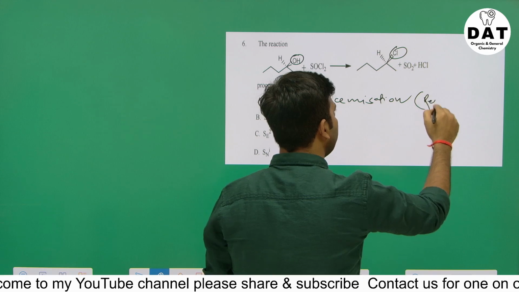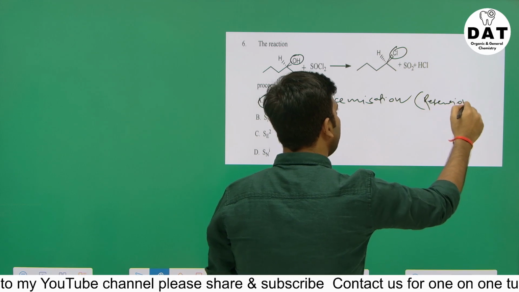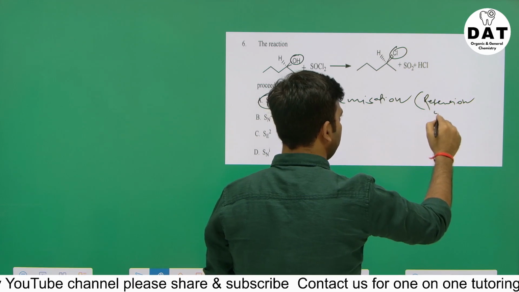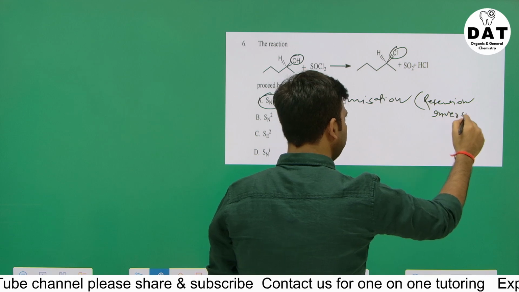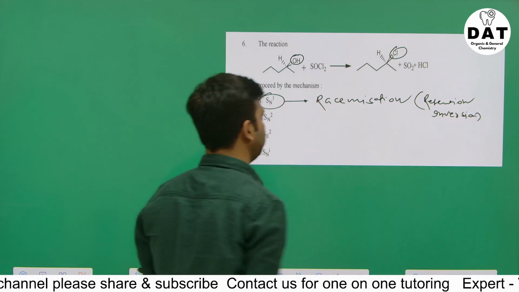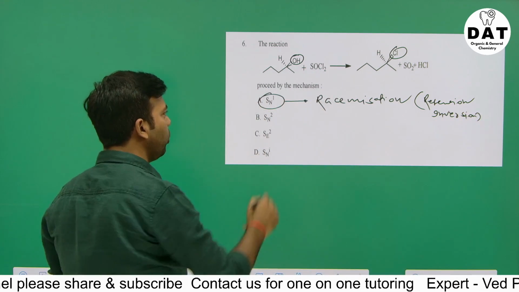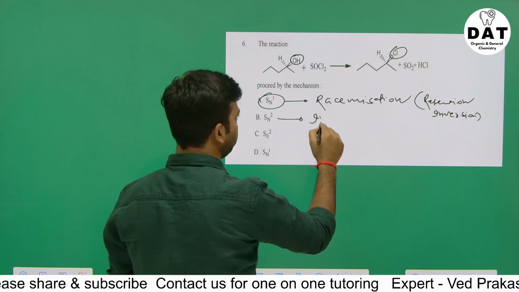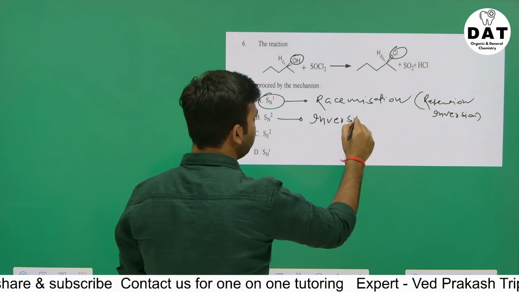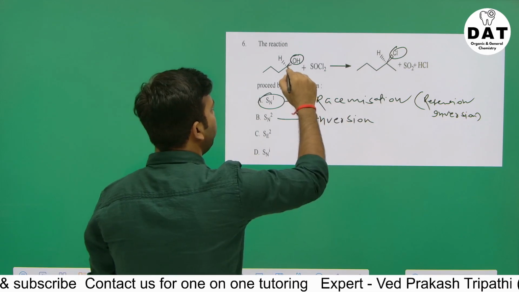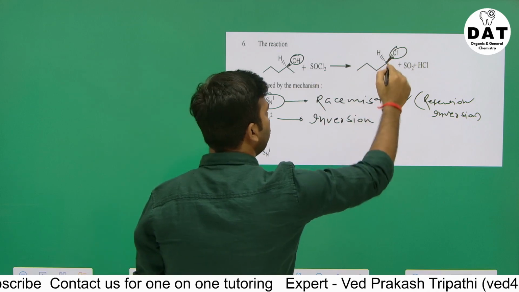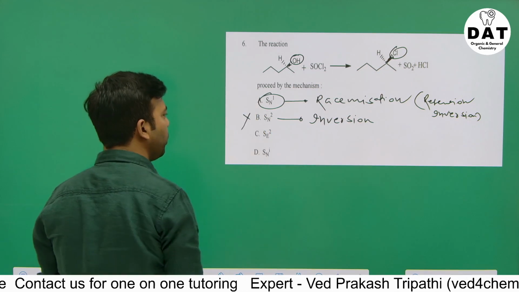Retention plus inversion, means enantiomeric mixtures. SN2 is only inversion, okay? But this is not inversion. As you can see, my wedge OH is here, wedge chlorine. So SN2 is not possible.